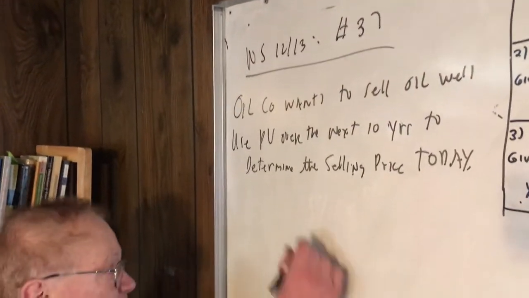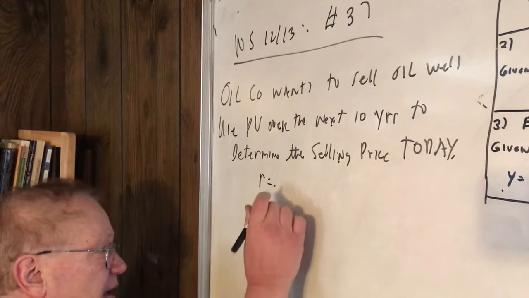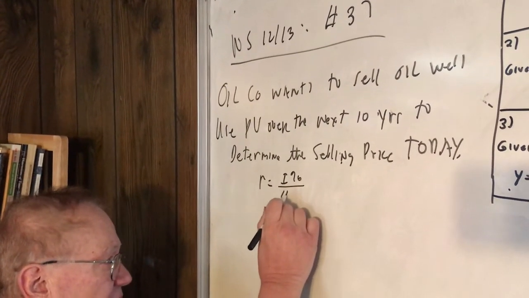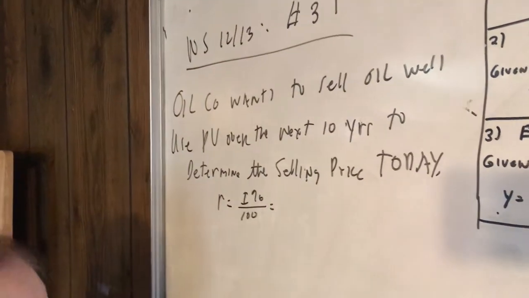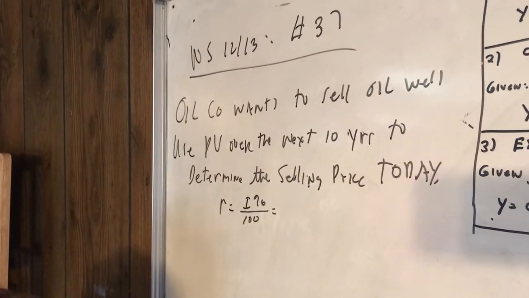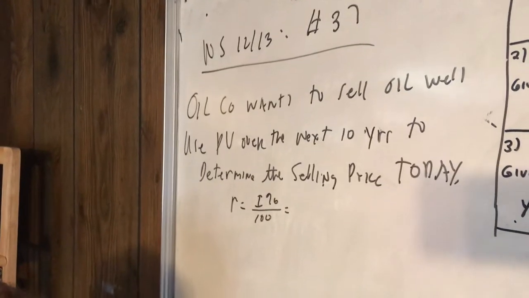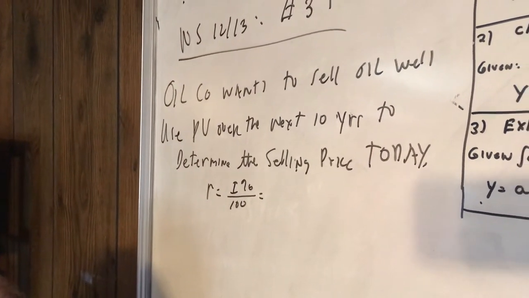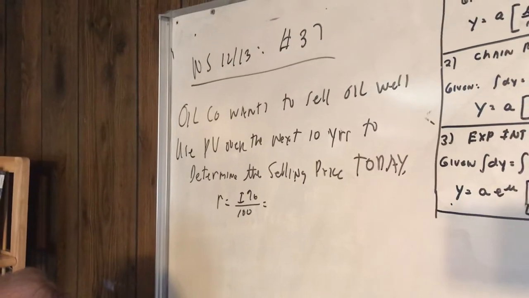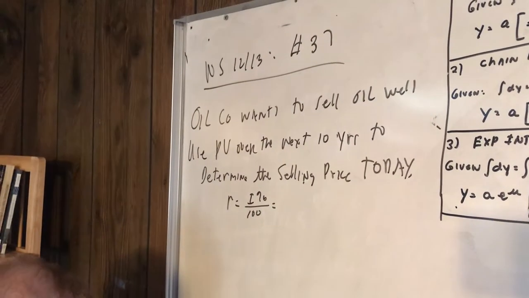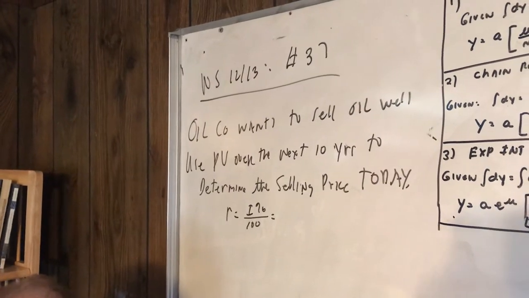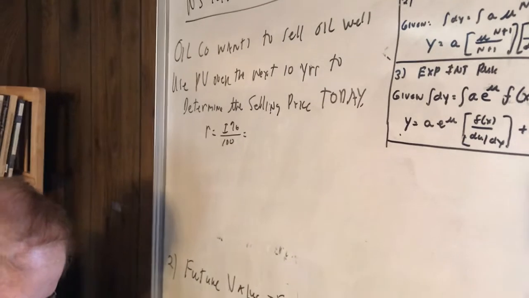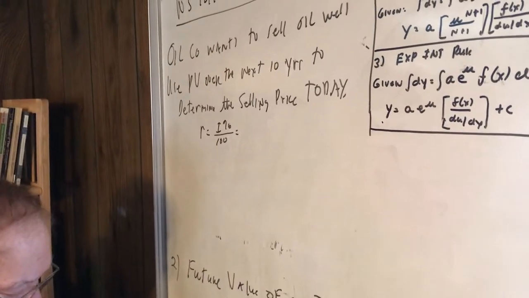So R is your percentage over 100. Where is the interest rate here?